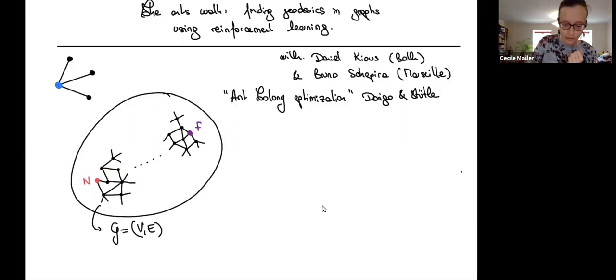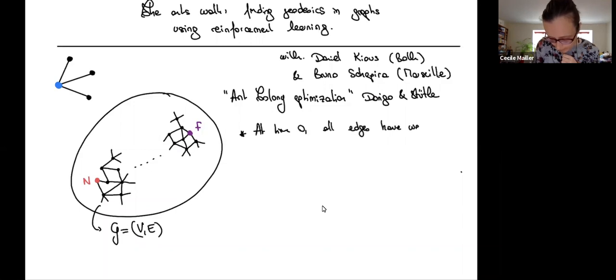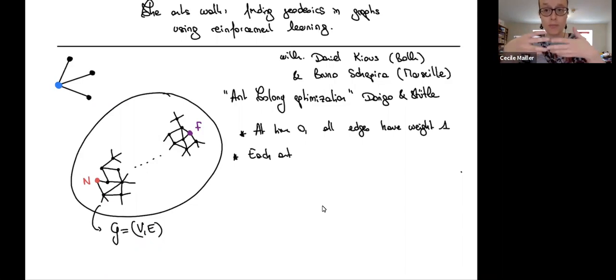Great, so I'm going to describe to you the algorithm. The algorithm is going to be described in terms of edge weights, and the edge weights are going to represent the pheromones that the ants leave behind them. So at time 0, all edges have weight 1. This is just to start. And at each time step, I'm going to send 1 ant to explore the graph.